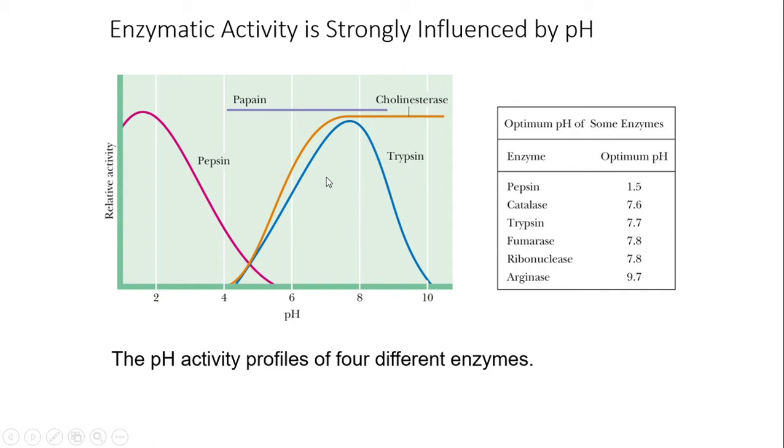Trypsin, I didn't mention this, it's an intestinal protease, so that's why the pH is slightly basic here. It's in an alkaline environment. So pH then is going to affect the activity of enzymes, and it also may affect then the Km, Vmax, or both.